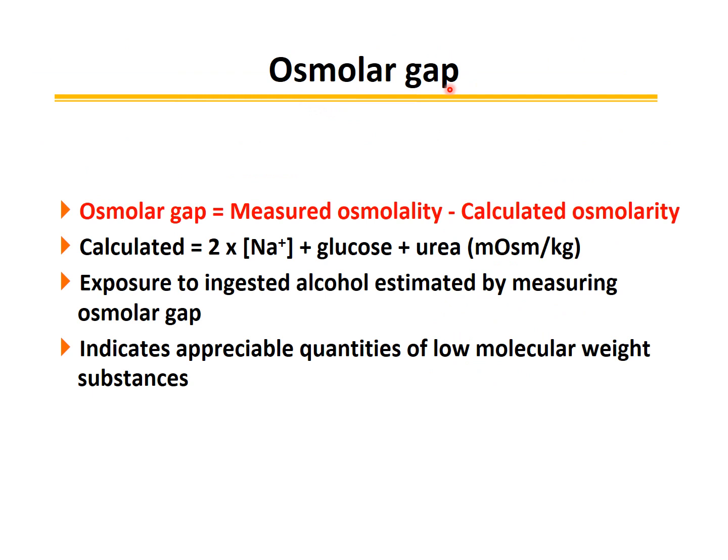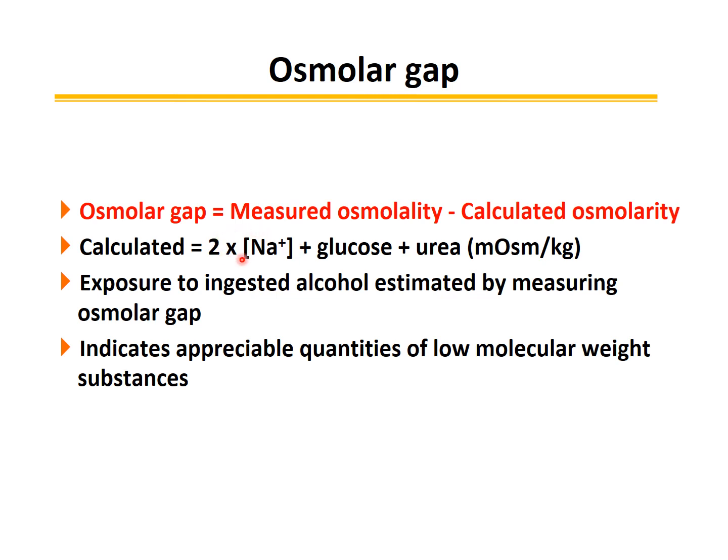Now, the osmolar gap, as I promised, is the difference between the measured osmolarity and the calculated osmolarity. We can calculate the osmolarity because osmolarity is mainly determined by the small soluble particles in the system. Now, with these particles we take twice the sodium; we don't need to calculate the potassium, though some equations include the potassium as well.